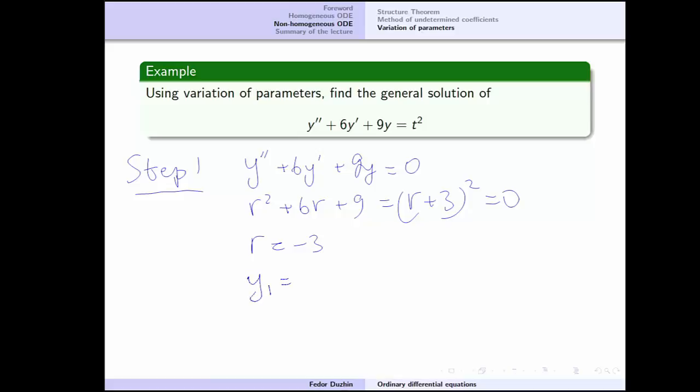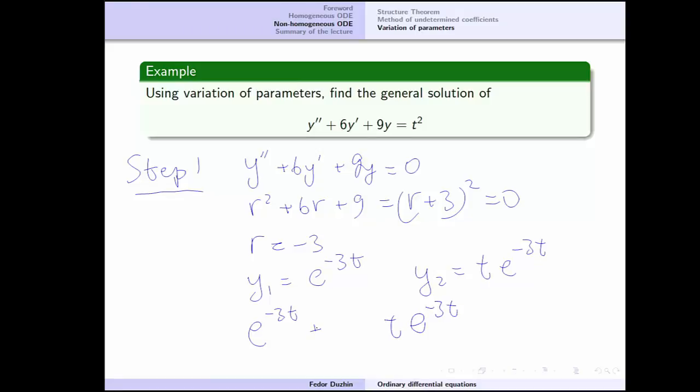y1 is e to the minus 3t, and the other one is t e to the minus 3t. The general solution of the homogeneous equation is going to be a combination: e to the minus 3t times some coefficient plus t e to the minus 3t times some other coefficient.